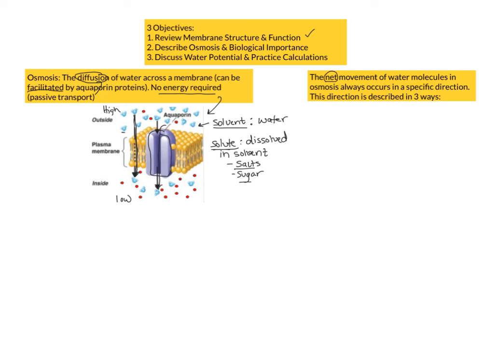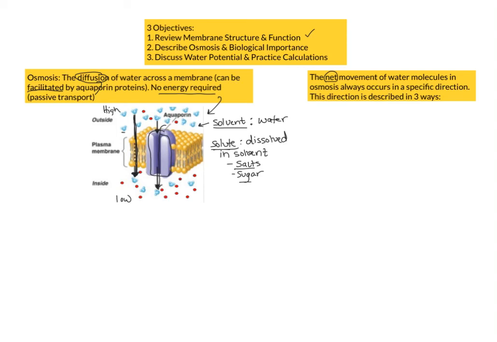Although these figures are showing water going in a specific direction, in reality, we have water molecules going in both directions. It's just that the net, the overall movement over time, is tending towards one side over the other. So the net movement of water in osmosis always occurs in a specific direction.